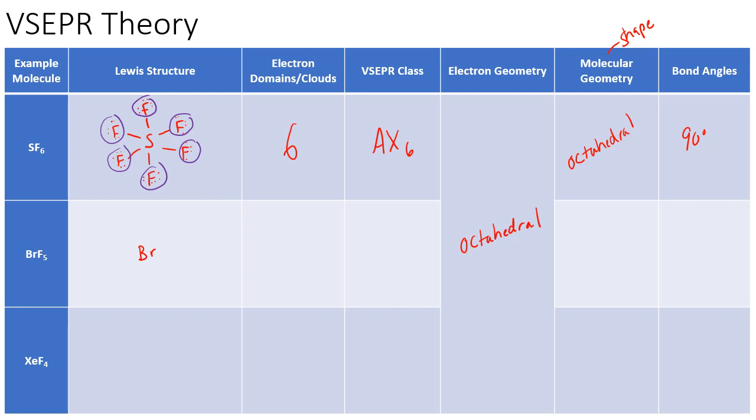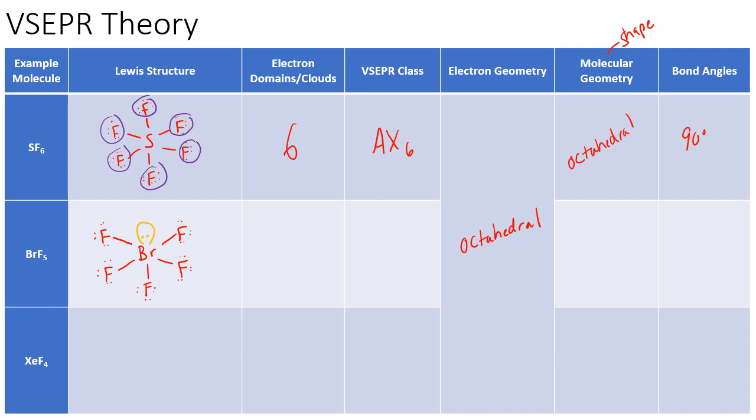So we're going to have our bromine surrounded by 5 fluorines, and we can just choose any position we want to replace with a non-bonding domain or a lone pair, completing the outer octets on our fluorines, making sure they have 8 valence electrons, and then we're going to have 1 lone pair of electrons on our bromine atom.